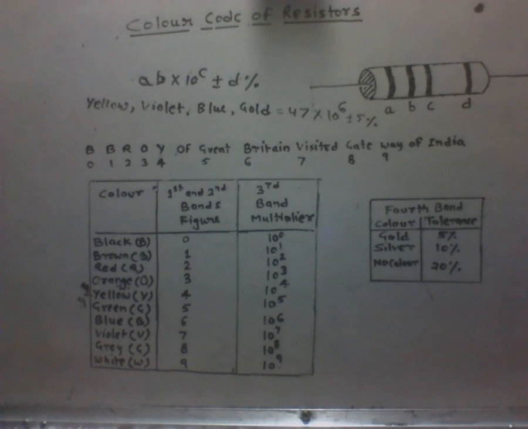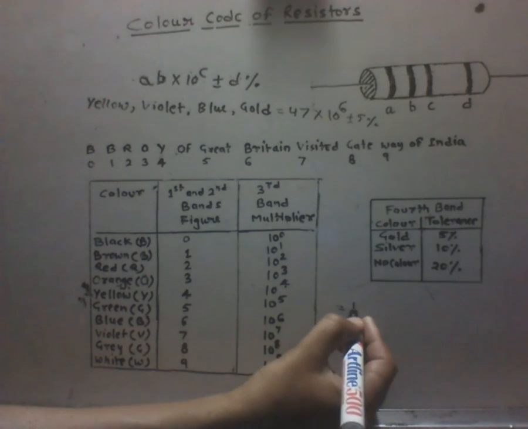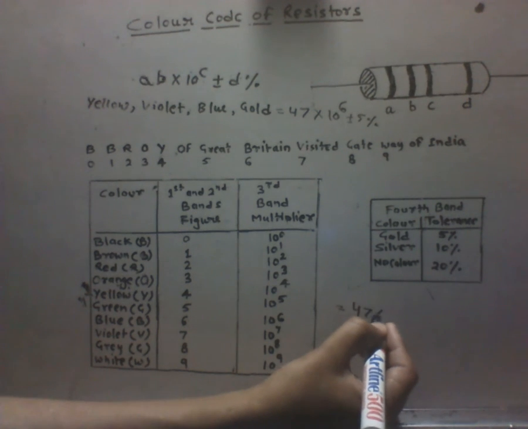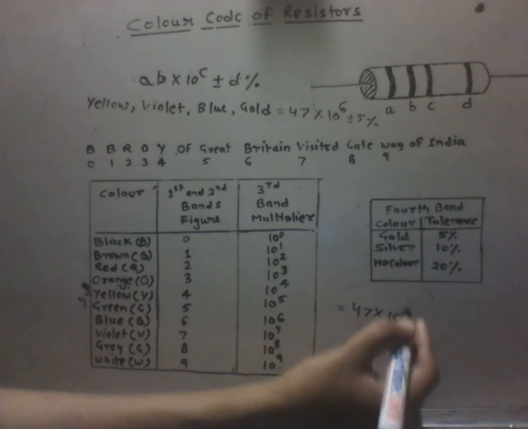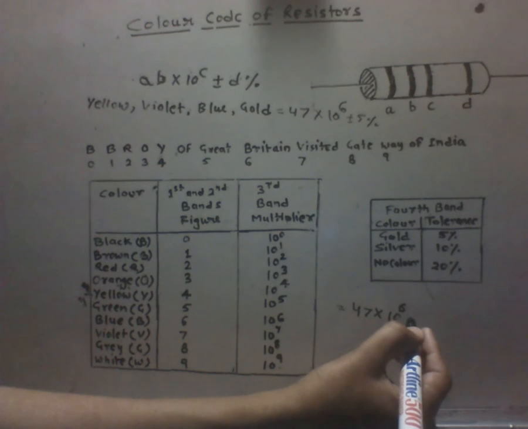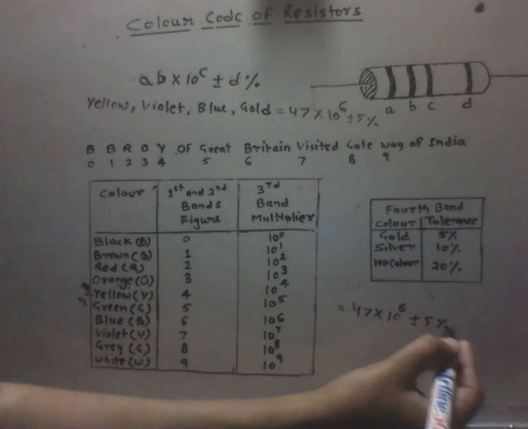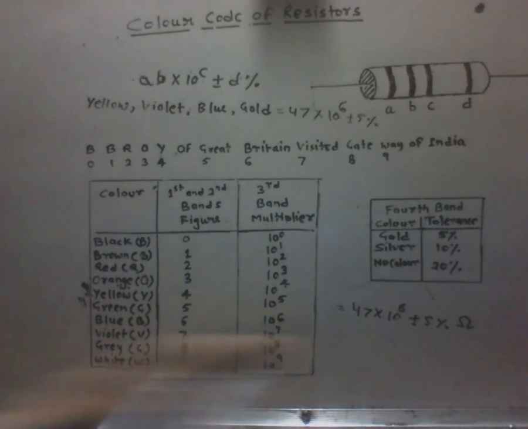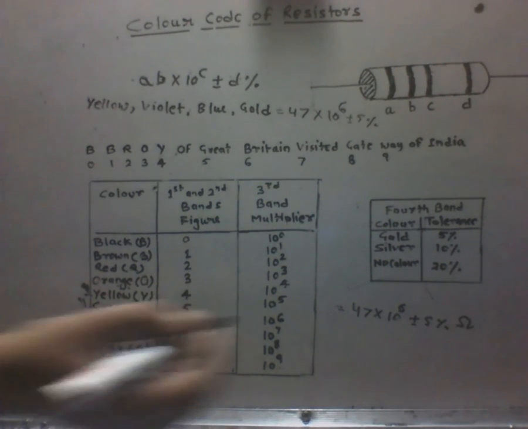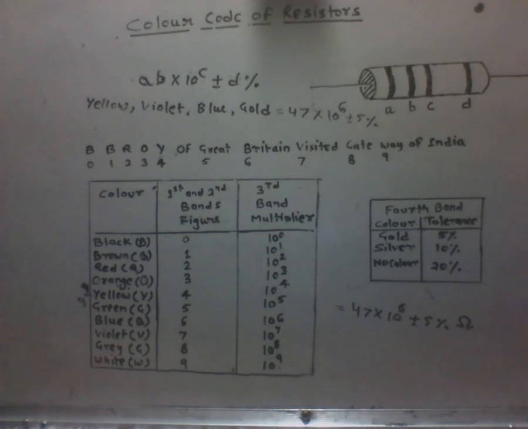So the value of the resistor which we have taken as an example will be 47 into 10 to the power 6 ohm, plus minus 5%. Similarly, you can calculate the value of other resistors using this.